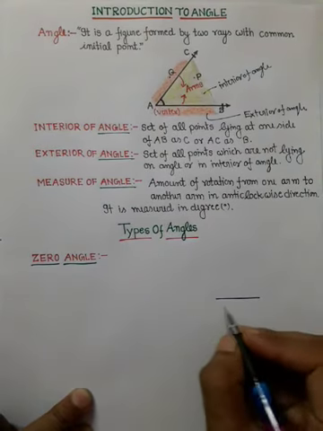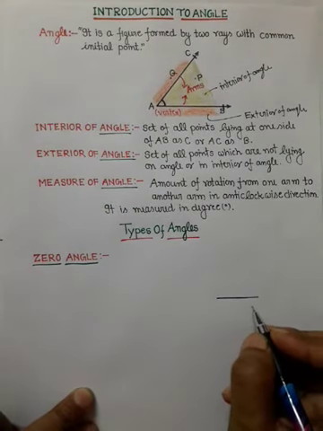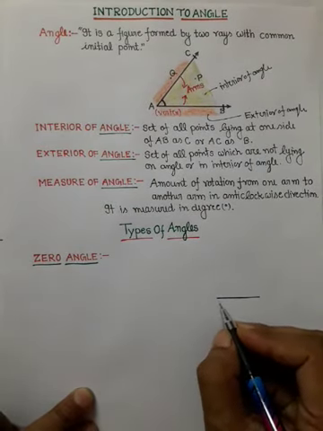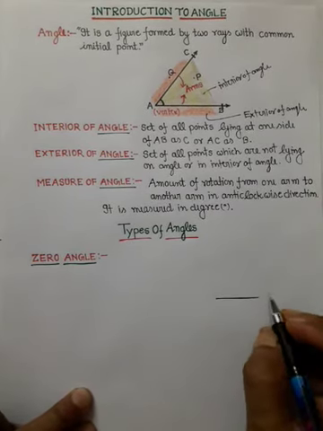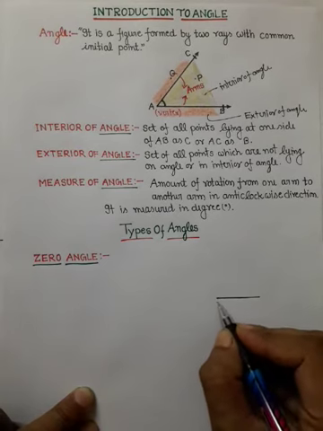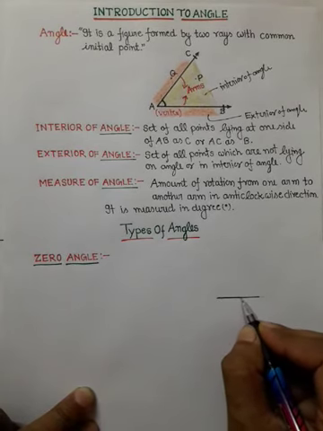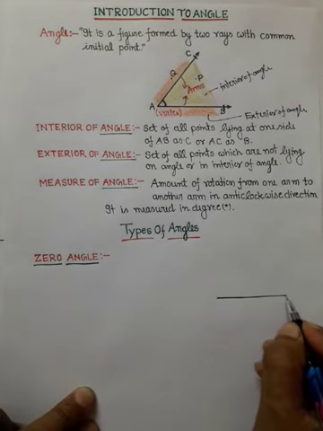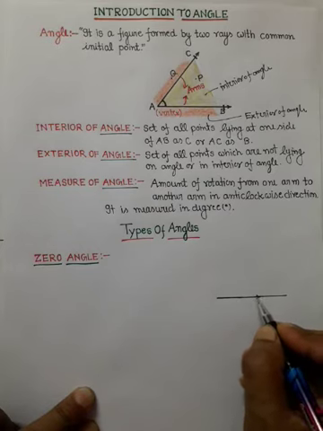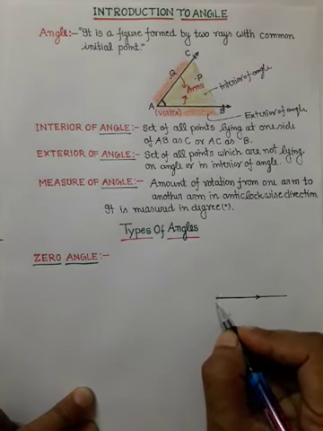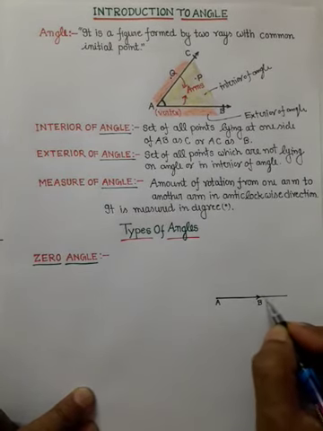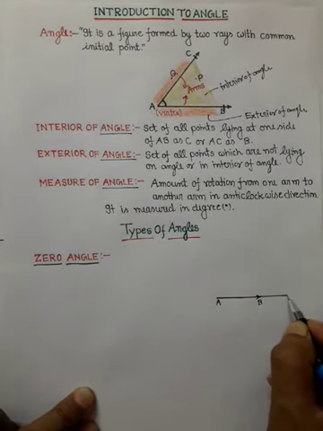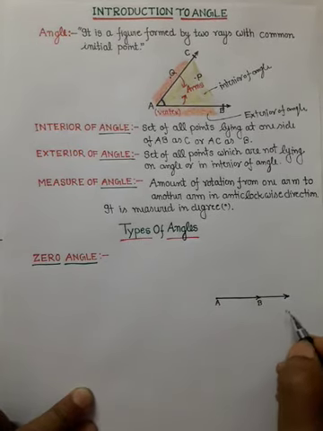So let this be the ray AB, and when the initial position and the final position both overlap each other. If AB is the initial position, let this one be the initial position AB, and this one is the final position of the ray, that is AC.